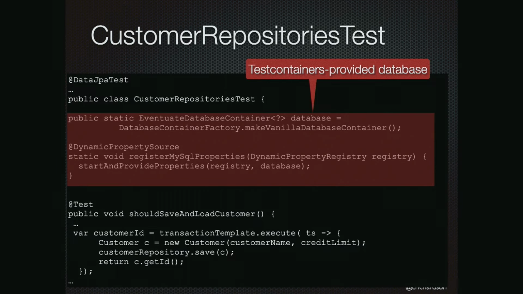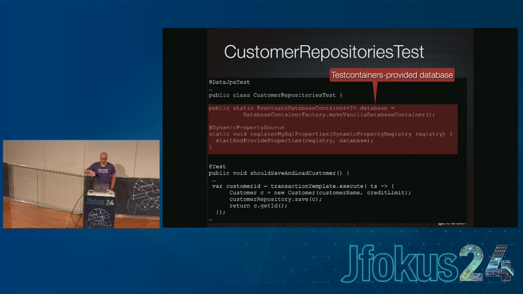And then just uses the @DynamicPropertySource to set the right properties in the application context so the data source can connect to it. And then there's just basic tests about saving and loading persistent entities. So that's a good example of this kind of infrastructure adapter test.